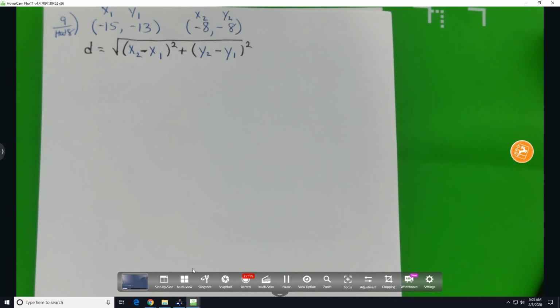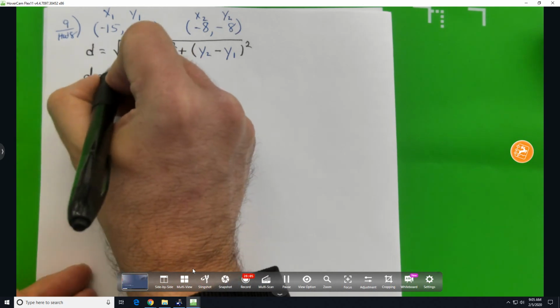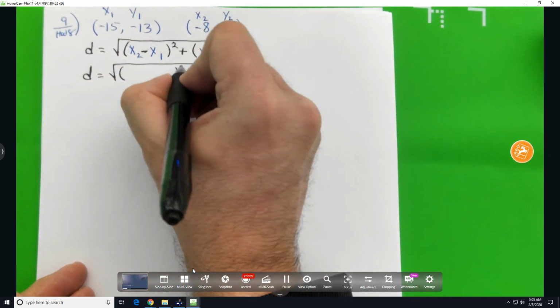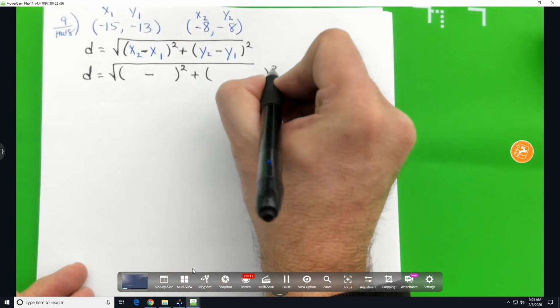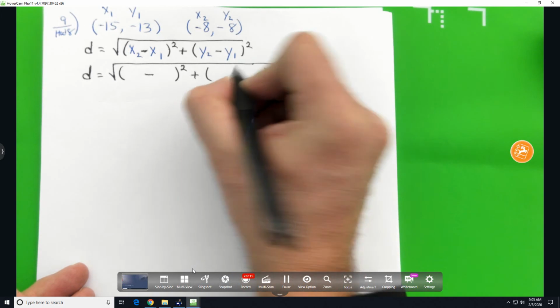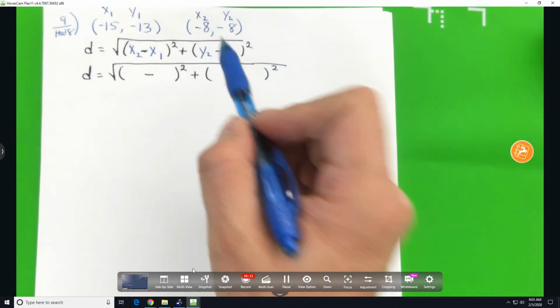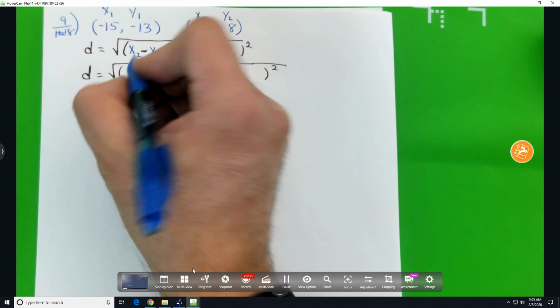And now we're going to plug into this. It's going to be a little tricky because of all those negatives. X2, I'm replacing the X2 with the blue -8.